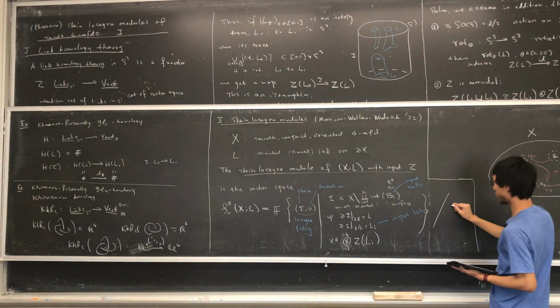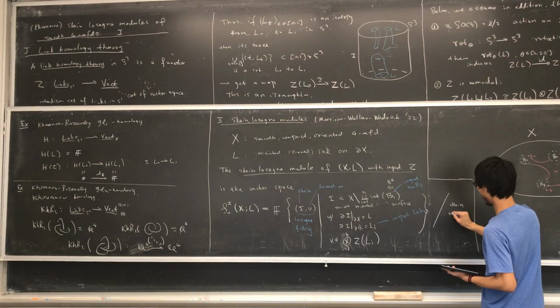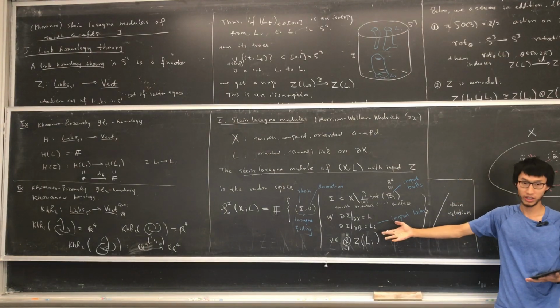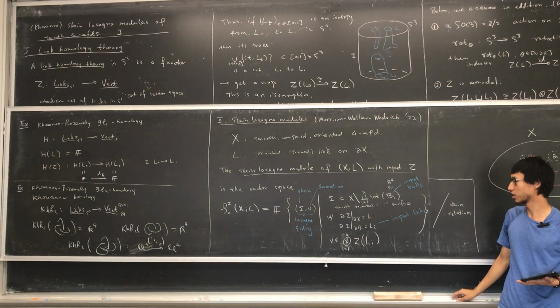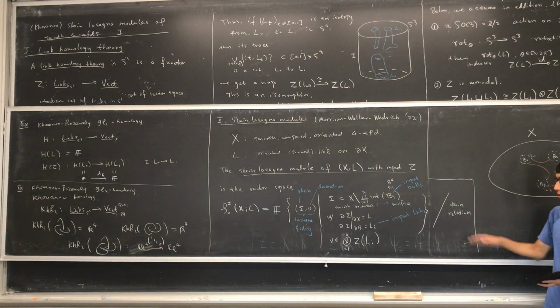So we are not finished here. We are taking the linear combination of a giant space, but to make it more reasonable, we will need to mod out some skein relations.